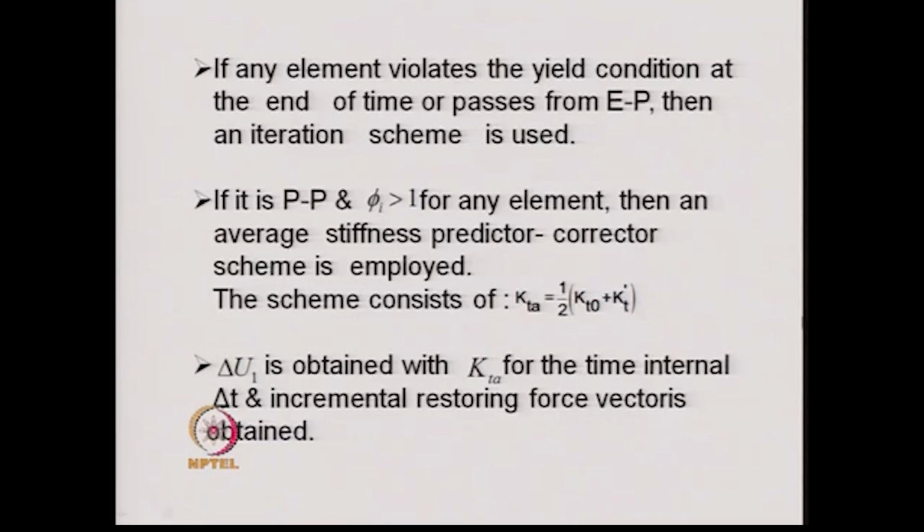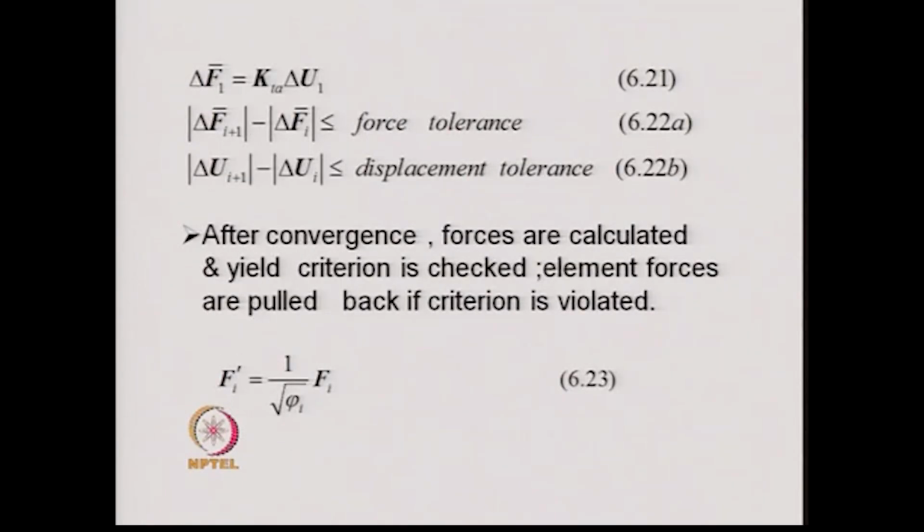So, that is used to calculate the new kTA, and the process continues like that till some convergence is achieved. This convergence is examined for both the force in the column and the total displacement in the system.